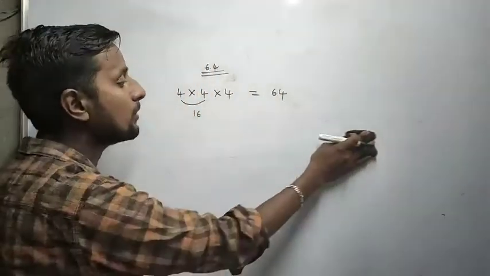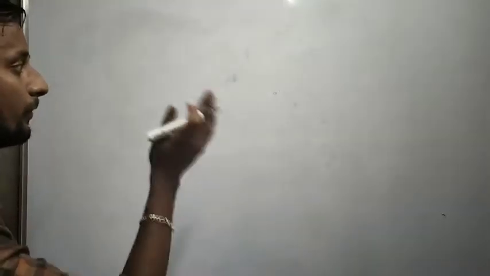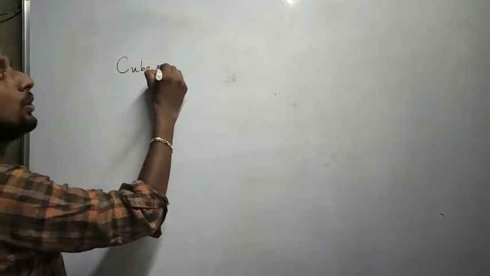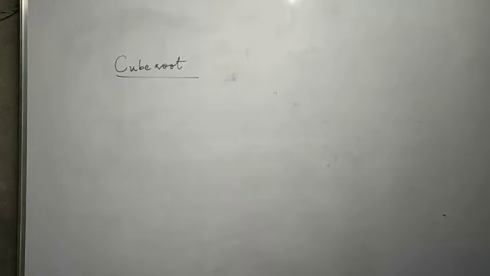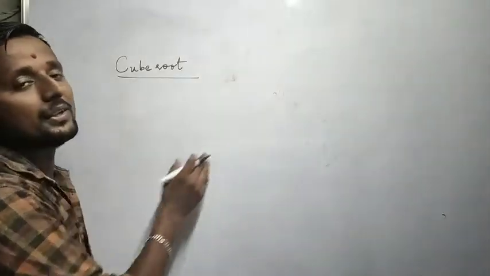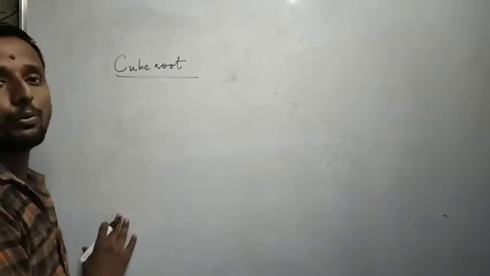If you do the same process in reverse, that helps us to find the cube root. What is cube root then? Cube root is nothing but, if you express any number as a product of three same factors, then each factor is a cube root.